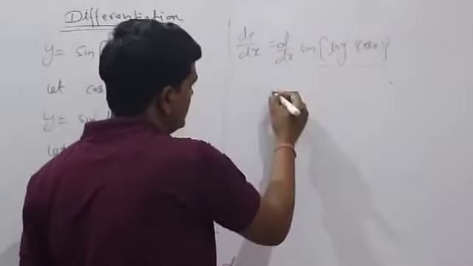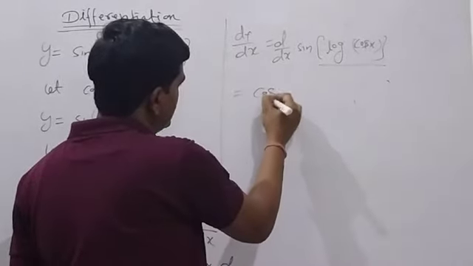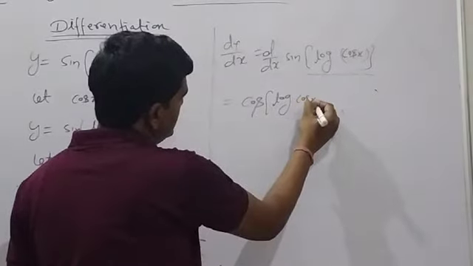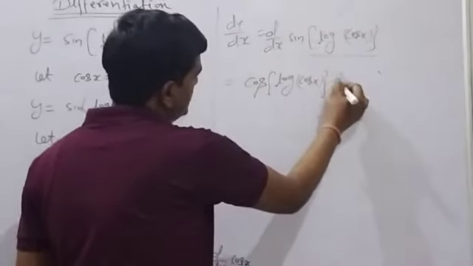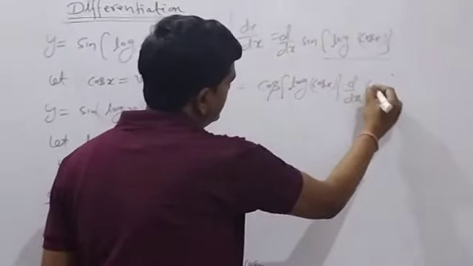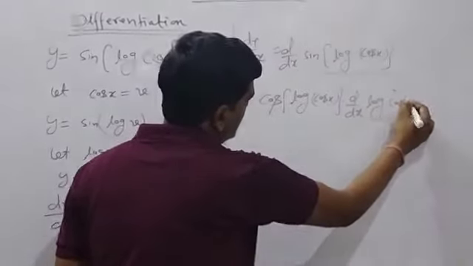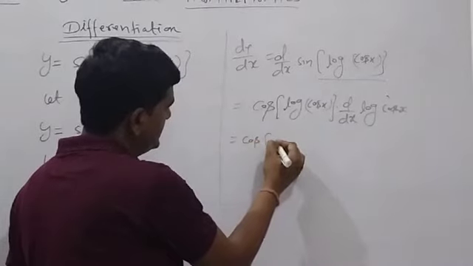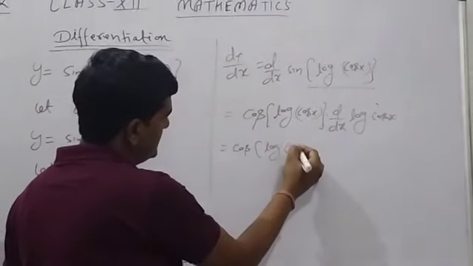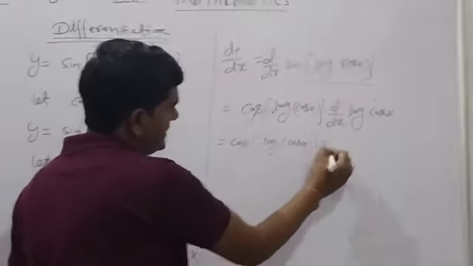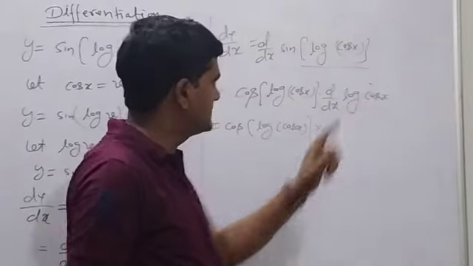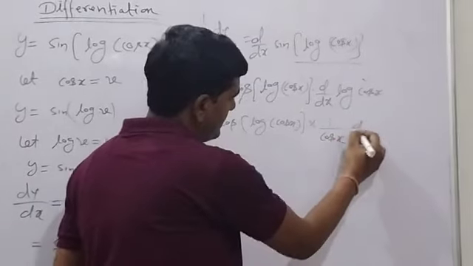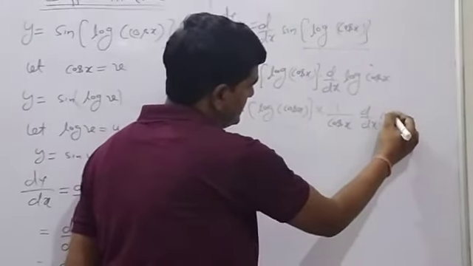Then the differentiation of sin means cos, and the remaining log of cos x, into d by dx of log of cos x. Then cos of log of cos x into the derivative of log of cos x, which is 1 upon cos x, d by dx of cos x.